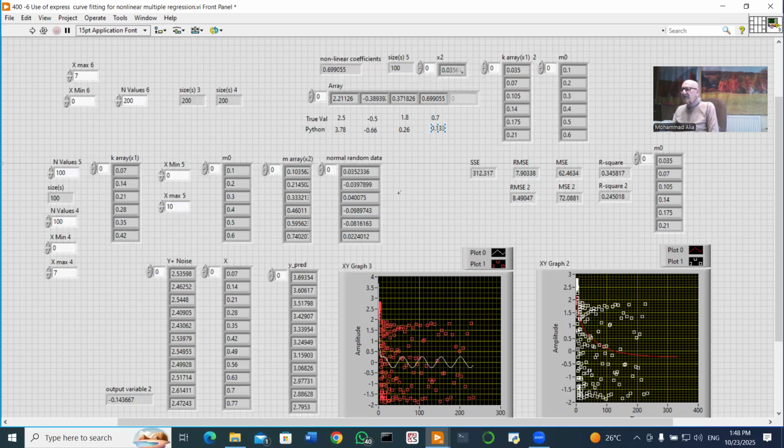So, generally speaking, the values of the coefficients which we get by using this function are very close to the values which we get in Python and which we have got in the previous example, and they are very acceptable.